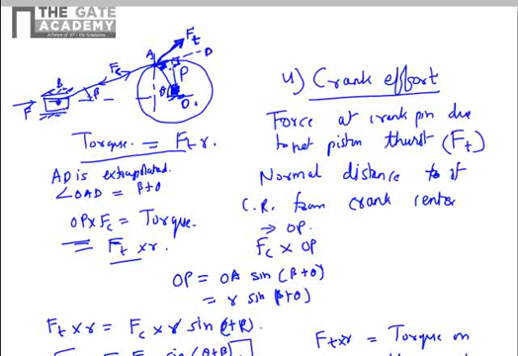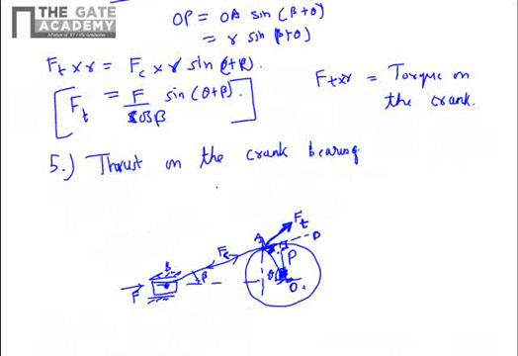So in this diagram, Ft is a force normal to the crank, that is along the tangent to the crank circle. Similarly, there will be a component along the radius of the crank, that is Fr. So this component will be along the crank. So if you draw a crank like this, there will be a compressive thrust inside the crank. There will be a normal component Fr and a tangential component Ft.